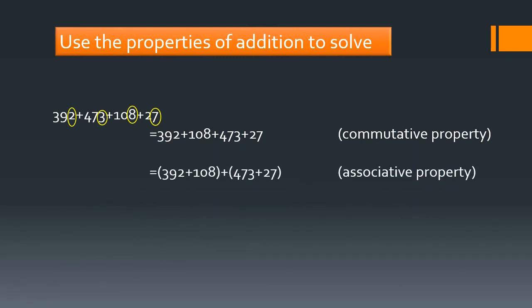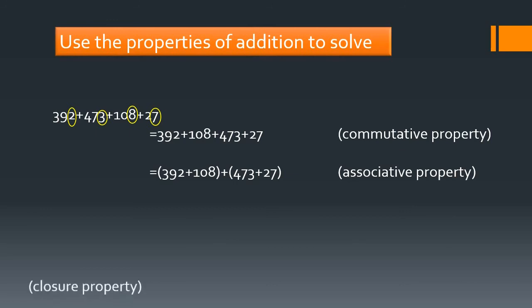Then put 392 and 108 in two brackets and 473 plus 27 in two brackets, and that's called associative property.